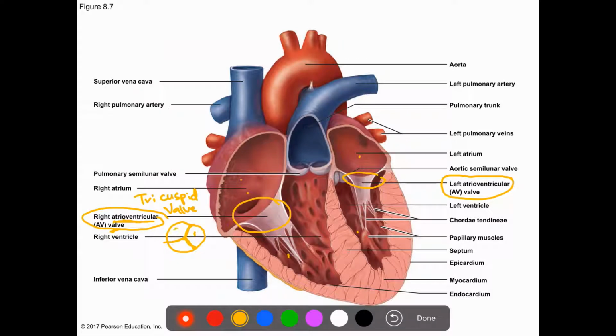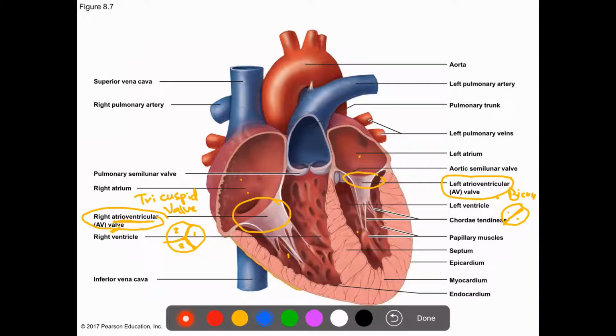Okay, 1, 2, 3. 3 flaps. Whereas the left one is the bicuspid because it's just made out of 2 flaps, 1, 2. So the right one is the tricuspid, the left one is the bicuspid. So this is the first set, the atrioventricular valves.